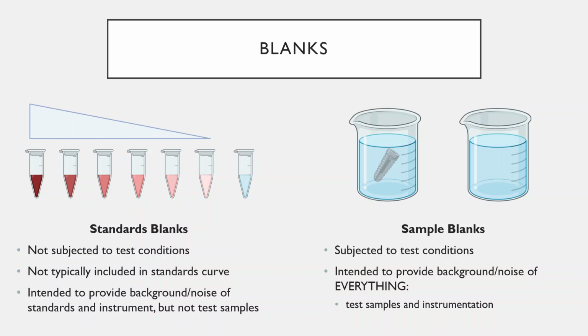They're going to be heated to the appropriate temperature. They're going to be subjected to the same amount of time for the extractions. Basically, it's any way to understand what the impurities are throughout this test process, what leaches from the glassware or the plasticware that you're doing these in. They're going to be subjected to the same sampling conditions, atmospheric conditions. So they're intended to provide background noise of absolutely everything, not only the instrument, which the standard blanks have, but everything within the test sample process.